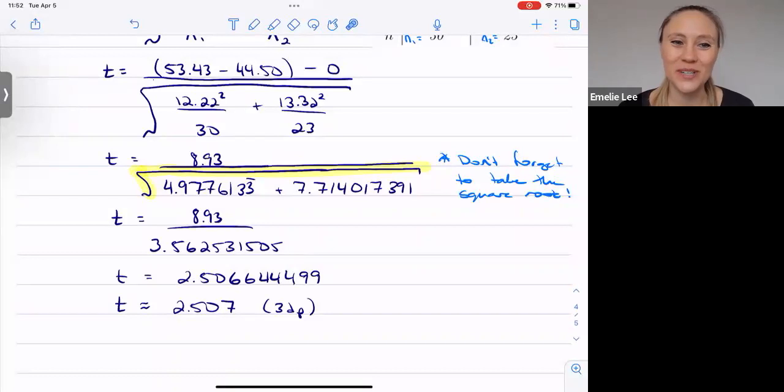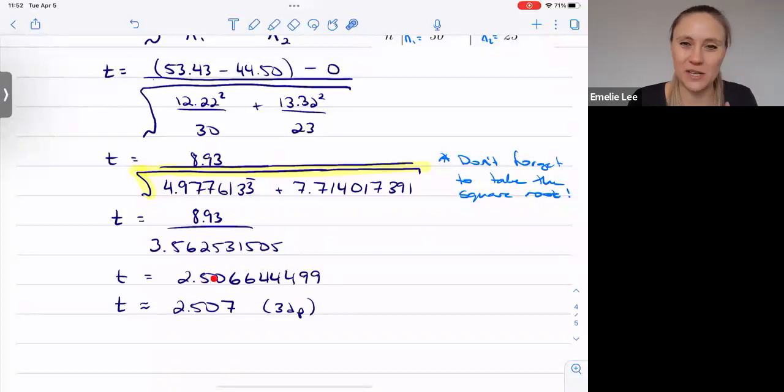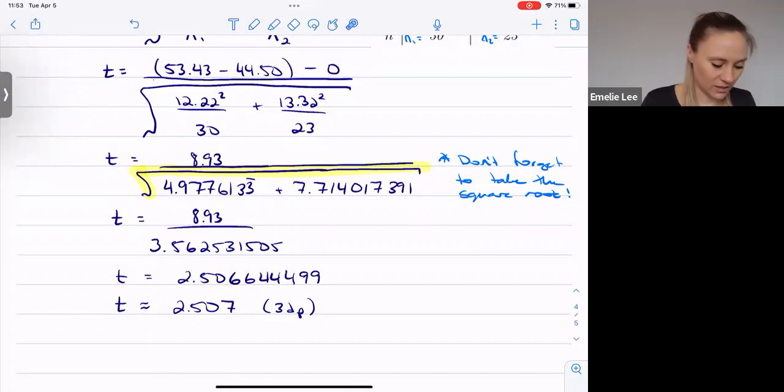And I should have saved it. I talked about storing my values in my calculator and then I did not do it. How can I get back there? 2.5. So I've still got this number on my screen. Let me try to finagle something here. What if I do 8.93 divided by, oops.